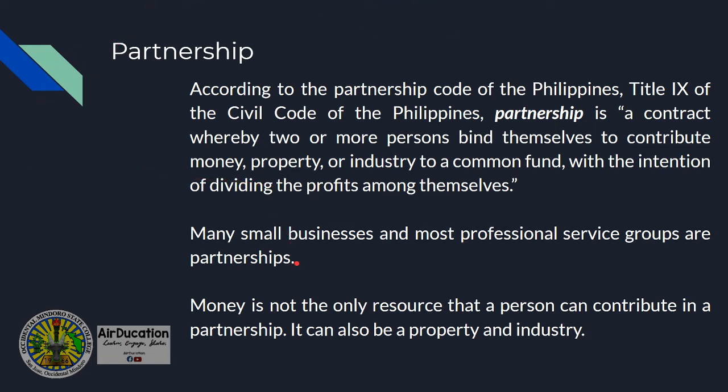The purpose of having a memorandum of agreement and articles of partnership is to know what the duties and responsibilities of each partner are, since you have different contributions in the business, and how you can divide the profits and losses of the business.